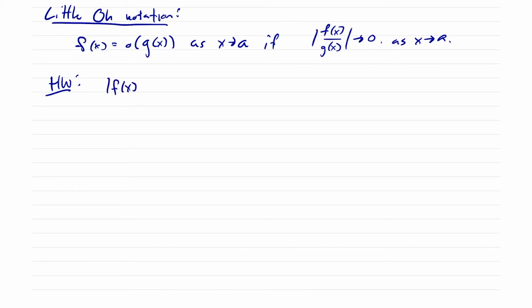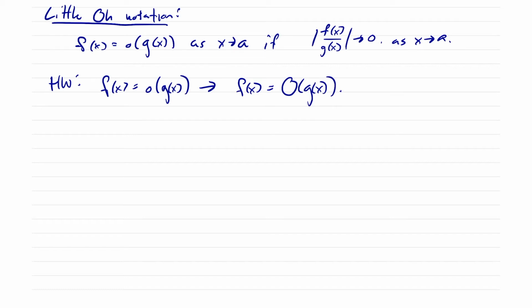F of x is equal to little o of g of x implies that f of x is equal to big O of g of x, right? That's actually not going to be too hard to demonstrate. All you have to do really is show that the ratio is less than a constant at some point, and then you just multiply over g of x. And that's everything.